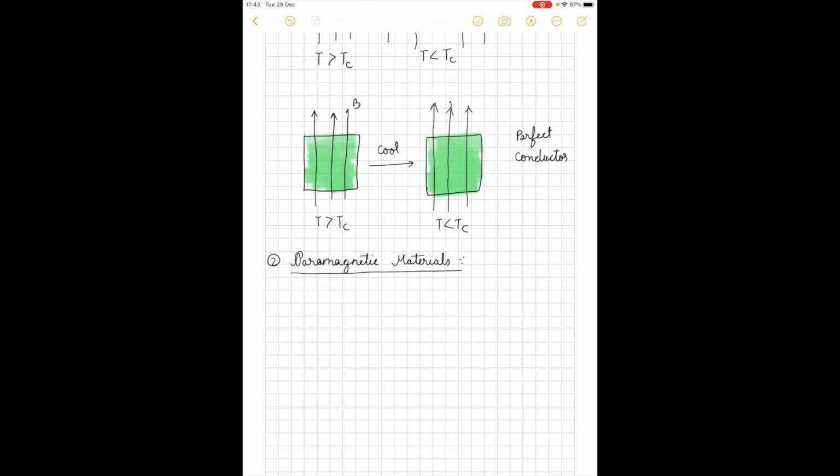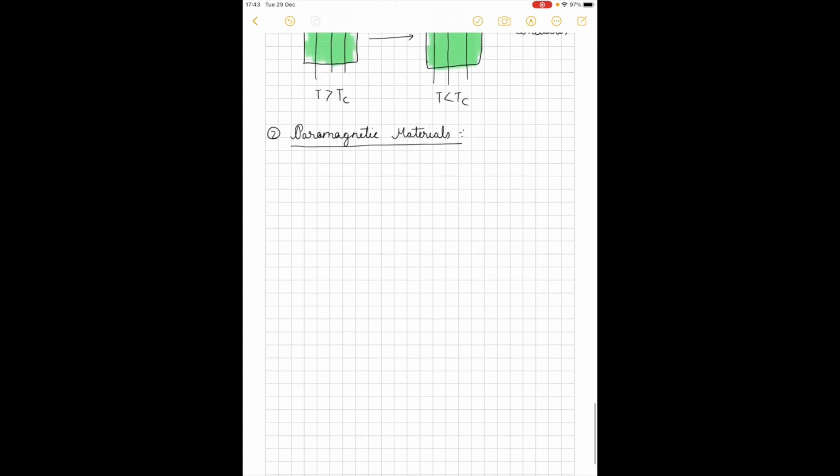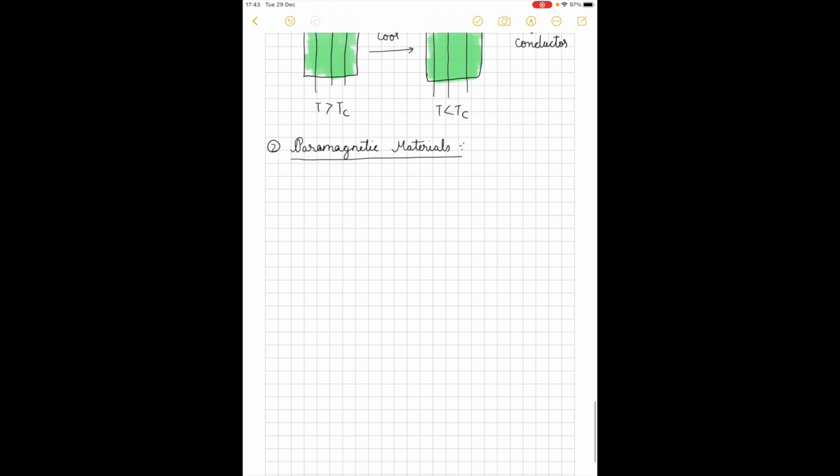Okay, so I'll just write it down. Paramagnetic material effects originate from the unpaired electrons.